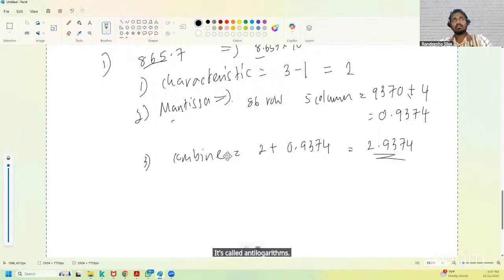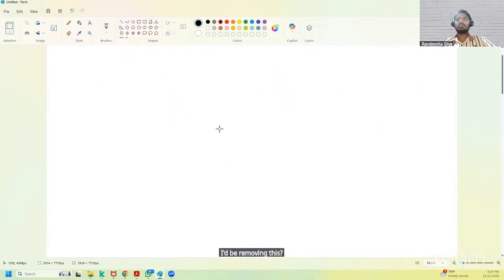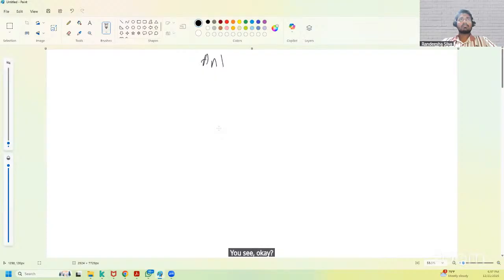I'll be removing this. Now we'll go for the anti-logarithms. Easy, okay? This is the crucial part of doing multiplication. Like if you have two big numbers to multiply together, then you have to go for this anti-log in the middle.